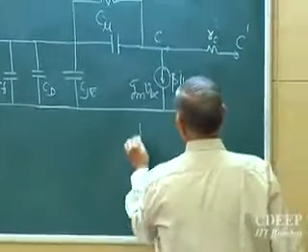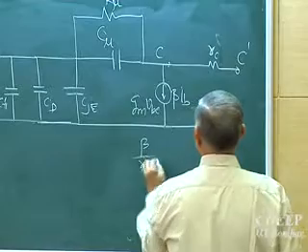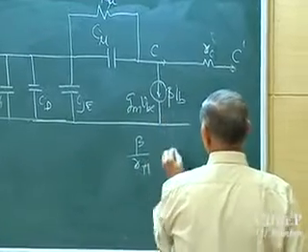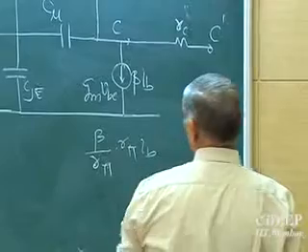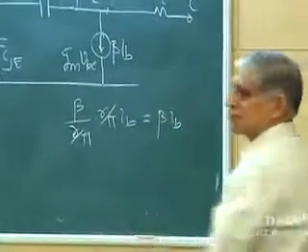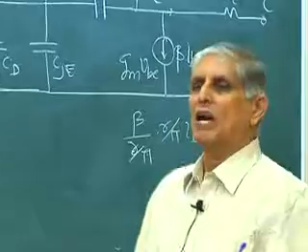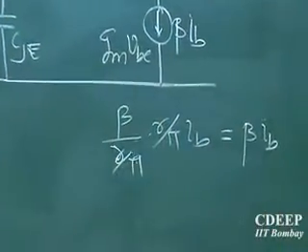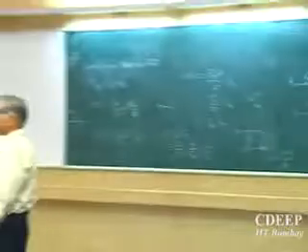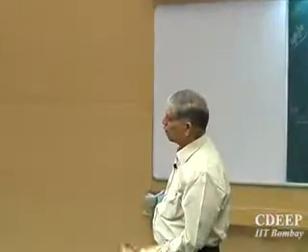GM R pi is beta, so GM is beta by R pi, VB is IB R pi, so beta by R pi into IB R pi gives beta IB. So sometimes you write the current source as beta times IB, sometimes you can write it as GM VBE, whichever way you wish, both are correct.